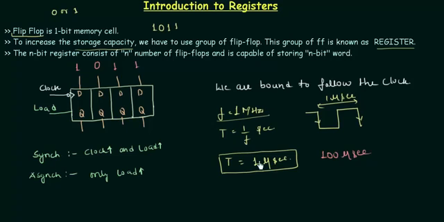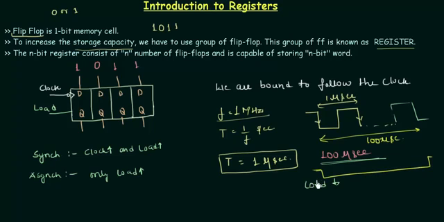So what I will do, if I want to store a particular data 1011 for 100 microsecond, I'm going to make this load low for 100 microsecond. Like this is the clock, and let's say this time is 100 microsecond. So I will make my load low for this 100 microsecond.